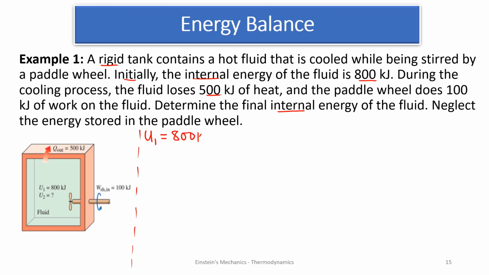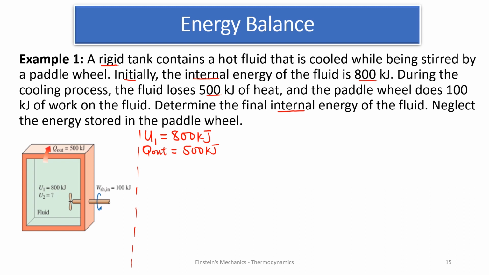Pay attention. During the cooling process, the fluid loses 500 kJ of heat. So there is heat loss, which is heat out. Are we good? 500 kJ. And the paddle does 100 kJ of work on the fluid.